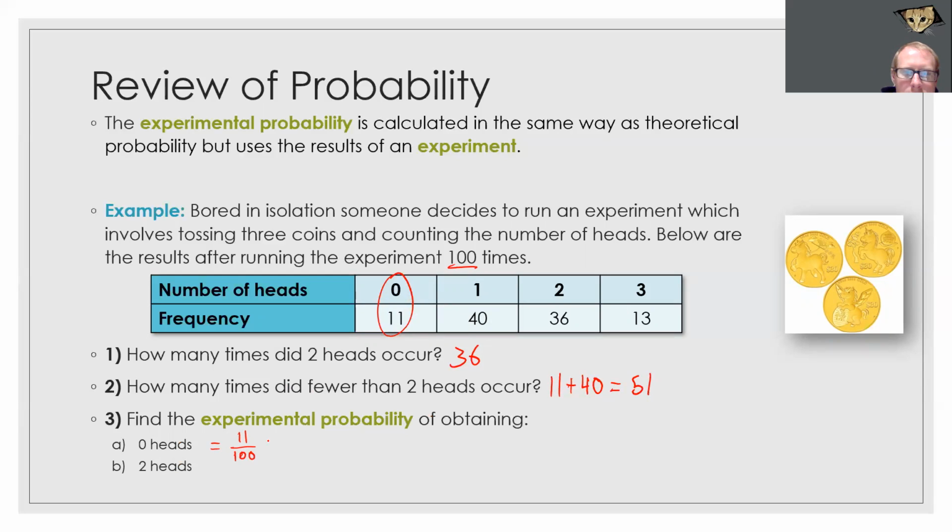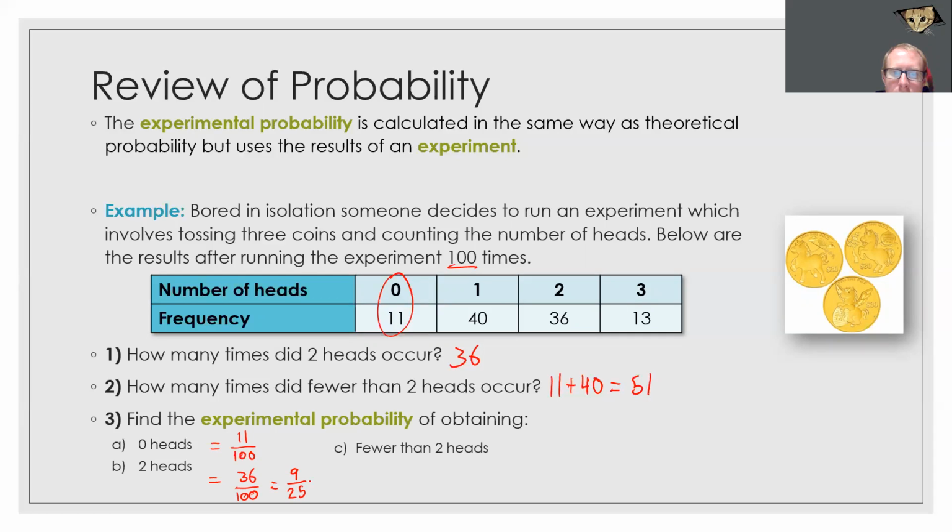How many times did I get 2 heads? Well, that is this one here, 36 out of 100. Now I know this fraction can simplify down. If I divide the top and the bottom by 4, I'll get 9 over 25. Okay.